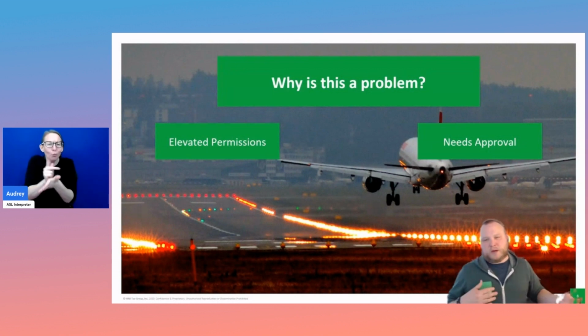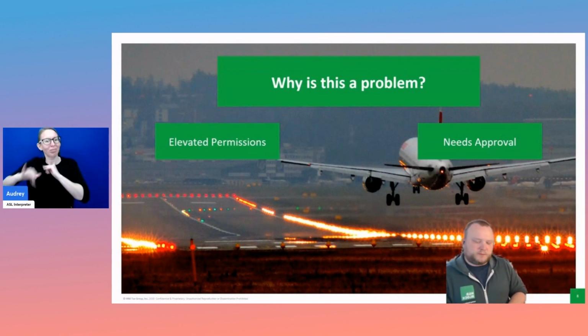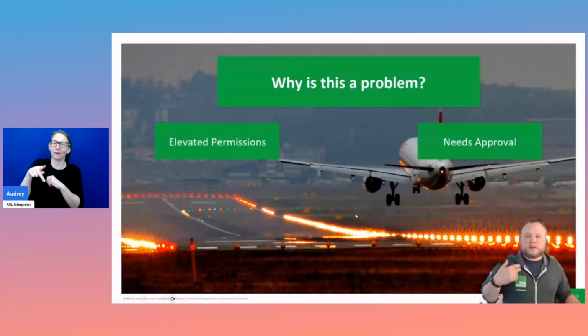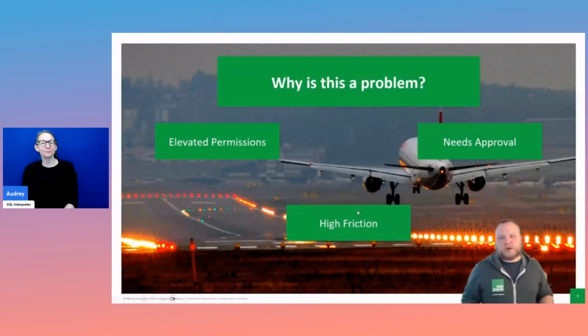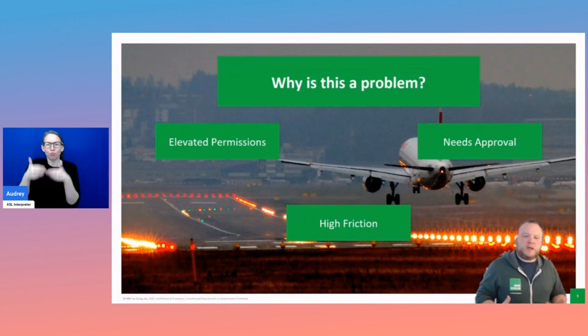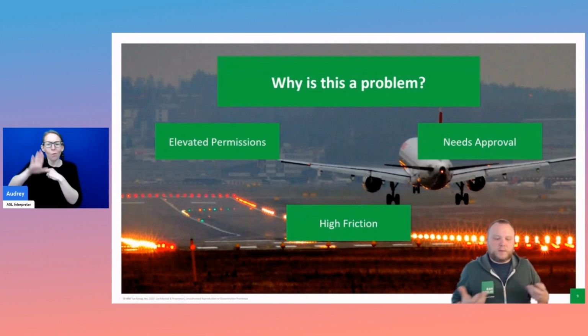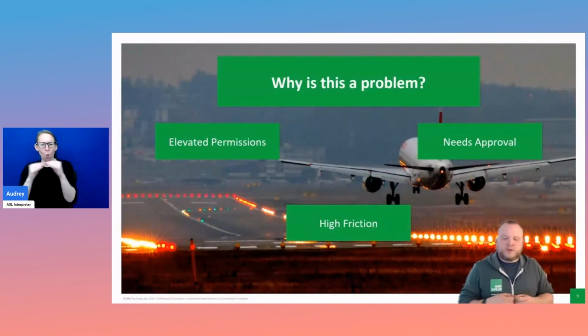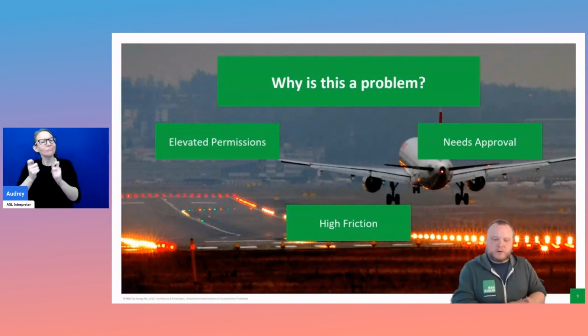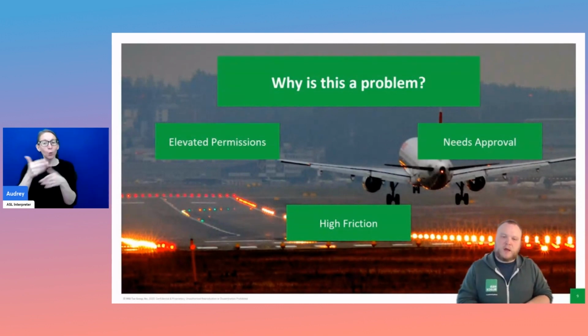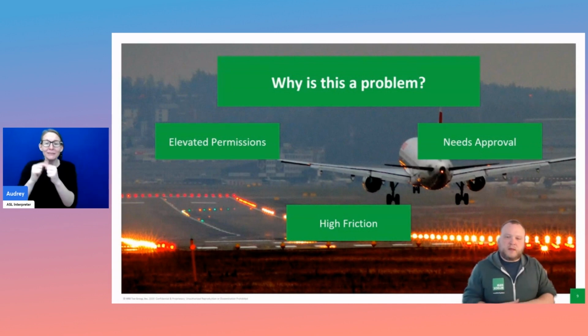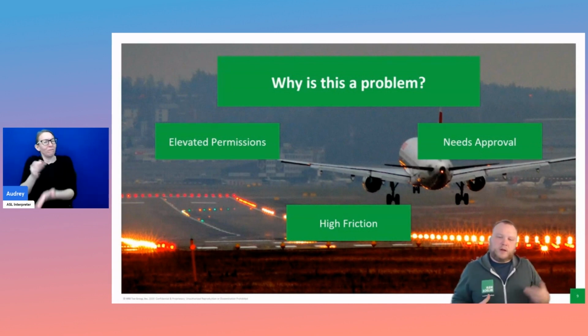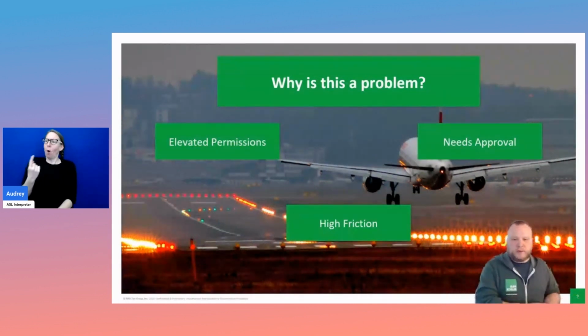This adds a high friction process to spinning up new environments, and it makes it more difficult for application teams to be more nimble. It makes it difficult to provide training for newer team members. It's difficult to do proof of concepts that don't necessarily belong in their actual application environments.